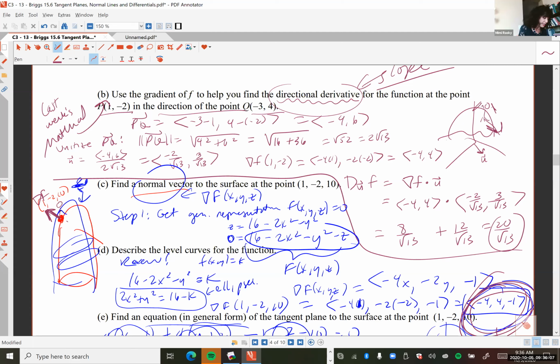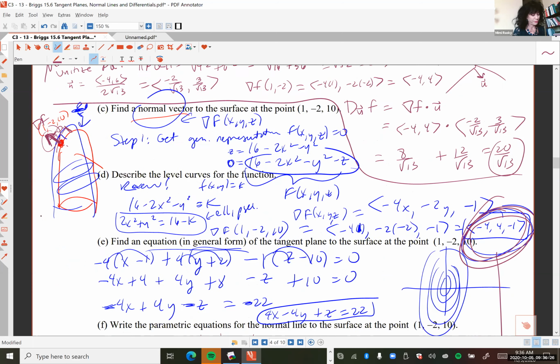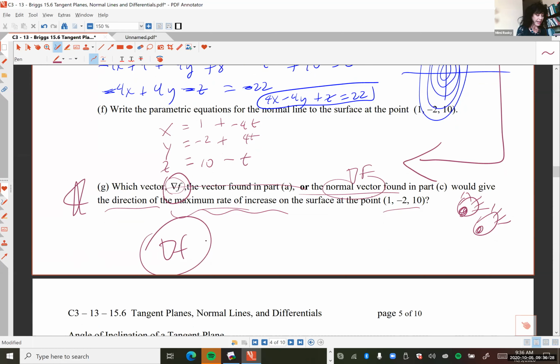If you were standing here with your skis going, hey, which direction should I ski if I want maximum slope, or go in the opposite direction so you could go downhill? This big del F is going, hey, get a jetpack, strap it on, and blast off into outer space. No, that's not giving you the direction for maximum slope. So little del F is going to give you which way to go if you want to increase your slope or decrease it.